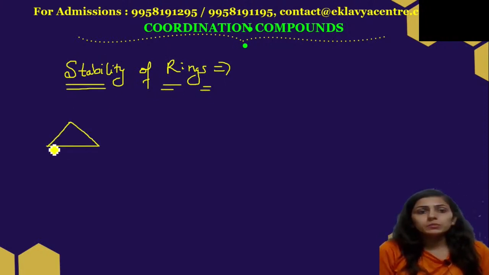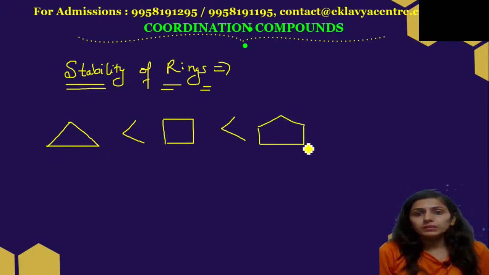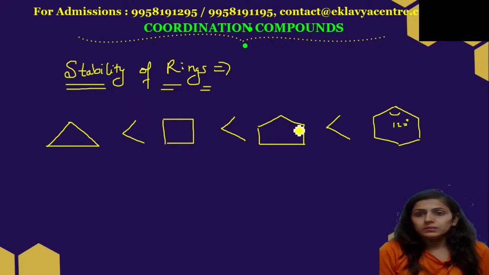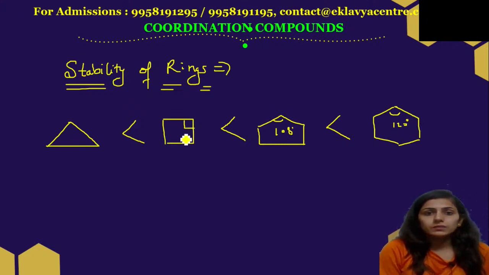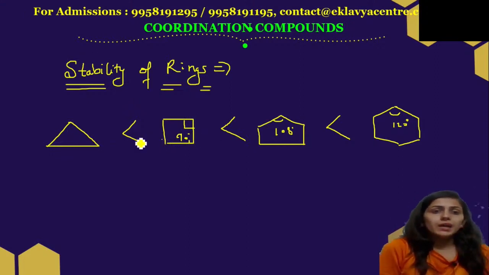Suppose we have a 3-member ring, then a 4-member ring, then a 5-member ring, a 6-member ring. The angle is 120 degree here, 108 degree here, 90 degree here, and here the angle is 60 degree. So as the angle increases, the ring size also increases, and thus the stability also increases.